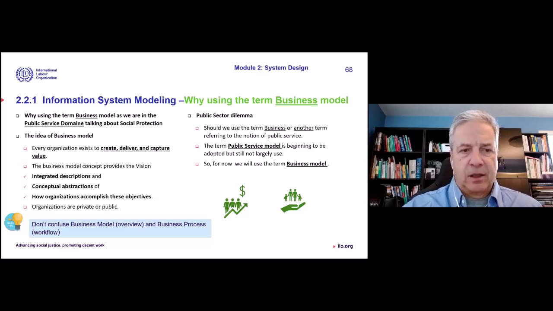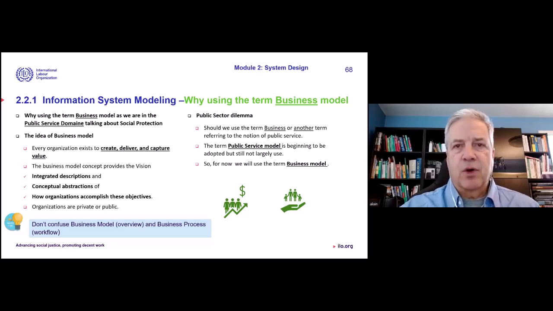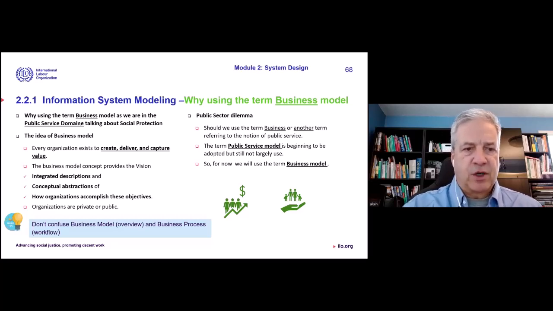And the other term is business process. The business process is really in regard of the administrative processes that are occurring, at the operating level. We will see business process shortly.